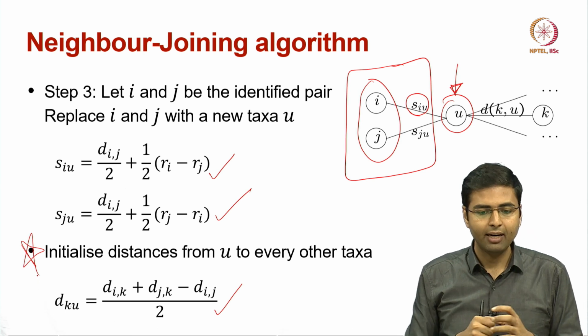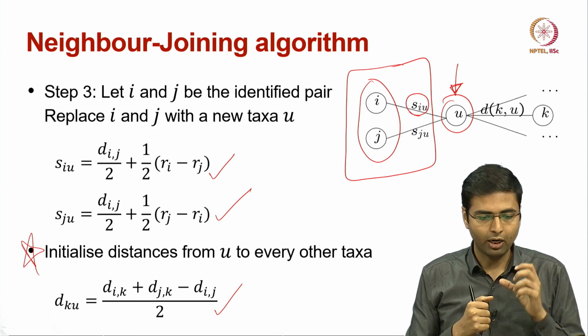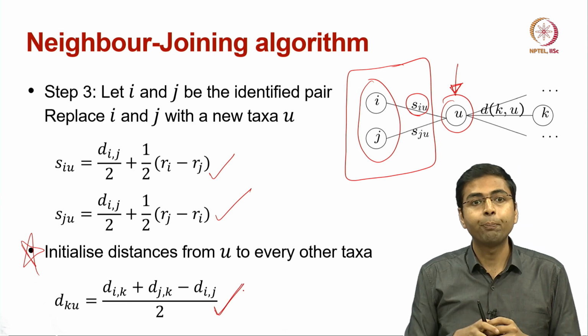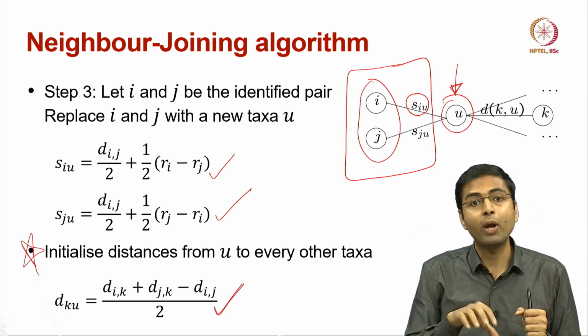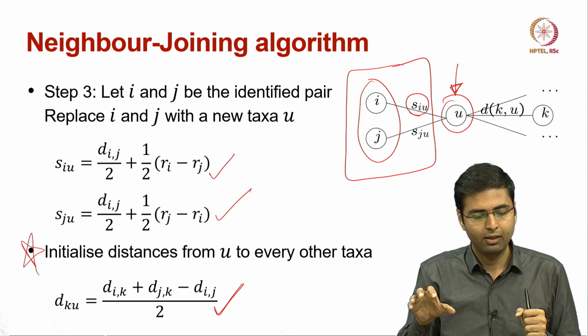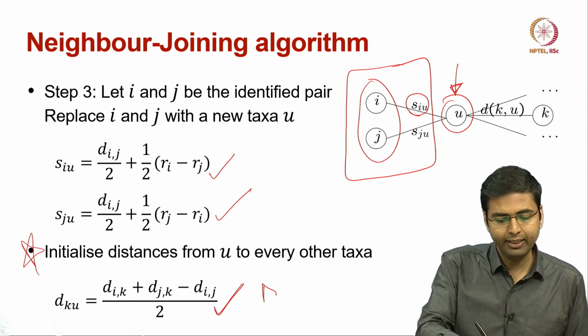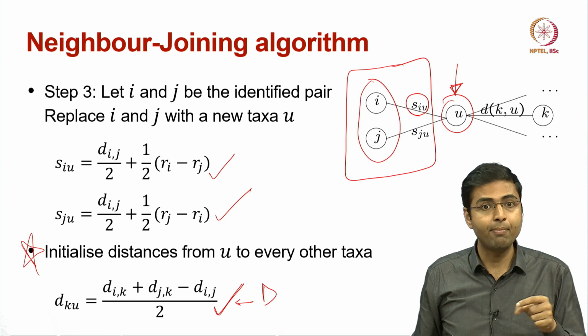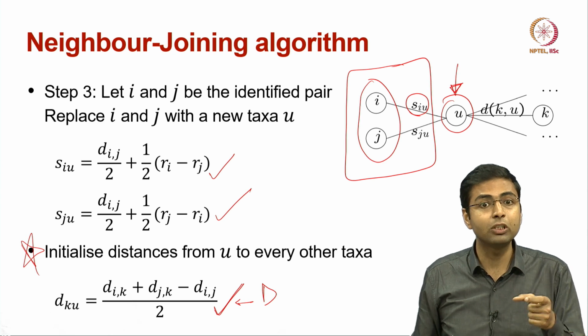We are replacing i and j with a new taxa u, and we can use this equation to compute the distance of u to every other taxa. So, we will revise matrix D based on this equation, and now the dimension of matrix D has reduced by 1.